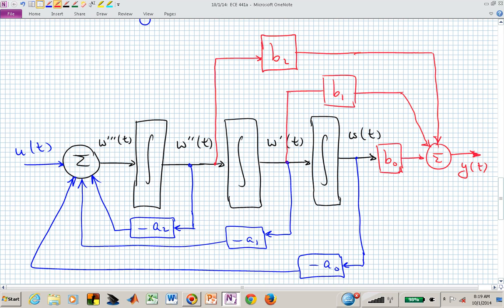But if you applied Mason's gain to both of those, you would get the same transfer function back, even though the state space or the block diagrams may look different. We now want to build a state space representation from this block diagram. And that would be a gift, right? If I gave that problem to you, and that's part of your homework problems, is building up a state space representation once you're given a block diagram.